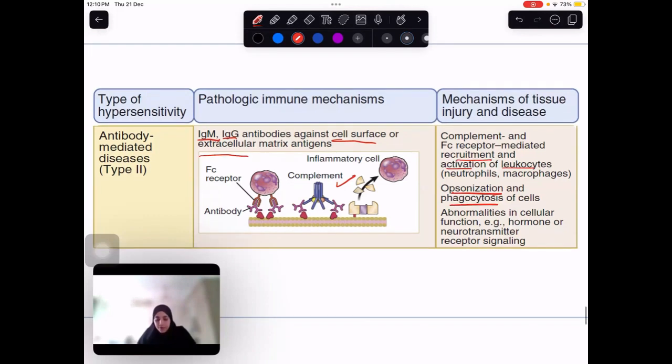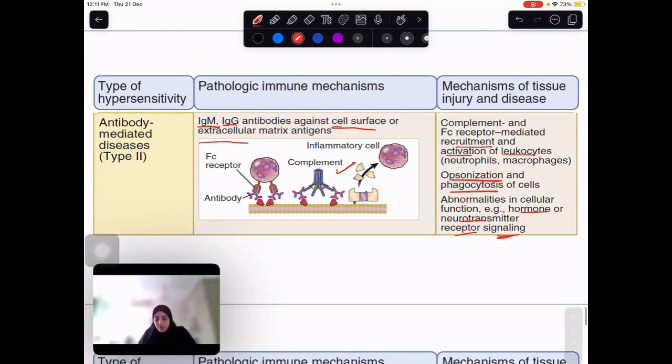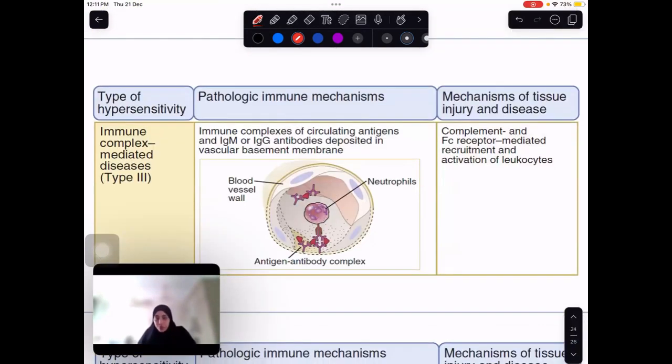Another example we mentioned was the abnormalities where it binds to the receptors, correct? Do you remember? The hormone example was the thyroid hormone, it's stimulatory, causes Graves' disease, the hyperthyroidism, or the neurotransmitter receptor signaling, the one about the acetylcholine, myasthenia gravis, which is the case of the muscles where they're not going to be stimulated at all.